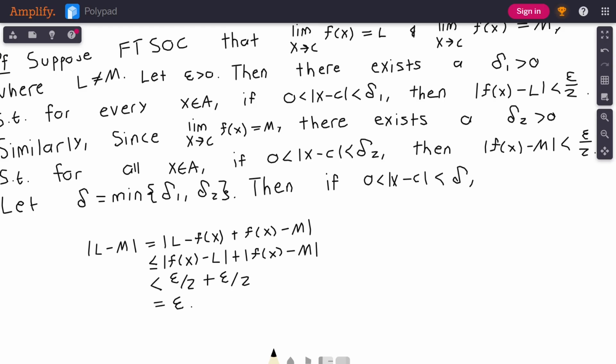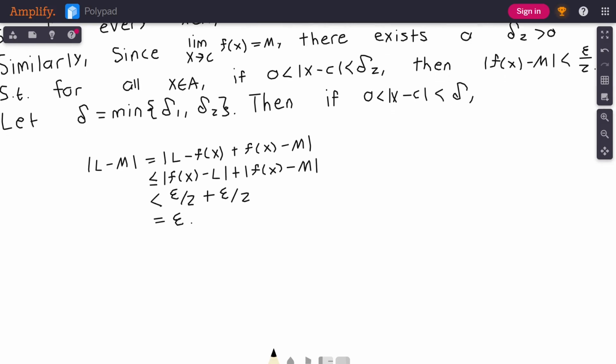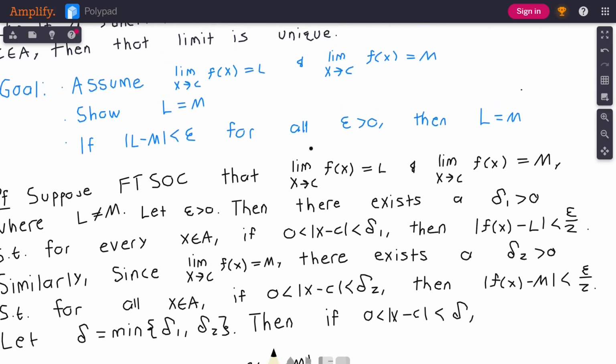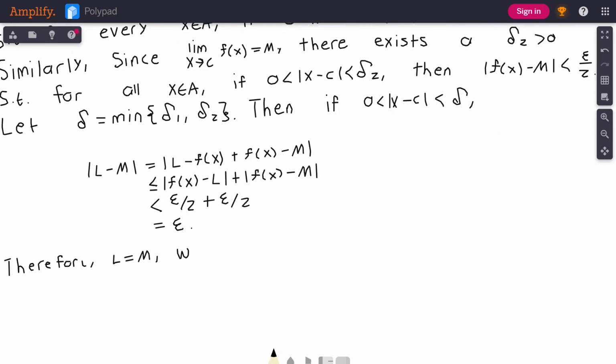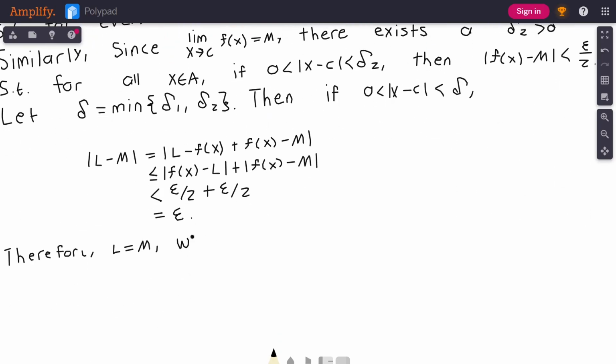So the only possible answer is that L must equal m. So therefore, L equals m, which is a contradiction because we assumed at the start that L does not equal m. So that is a contradiction.